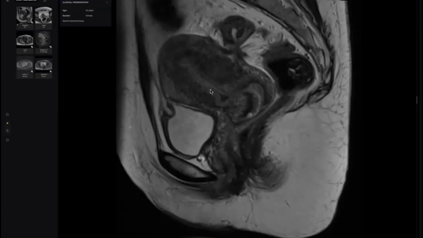It is almost between both of them. What's the name of the area between endometrium and myometrium? The junctional zone. Yes. So what is this? It appears to be thickened and irregular. So what's your diagnosis? Second, adenomyosis. Yes, very easy.